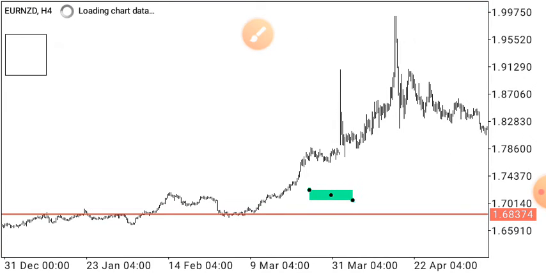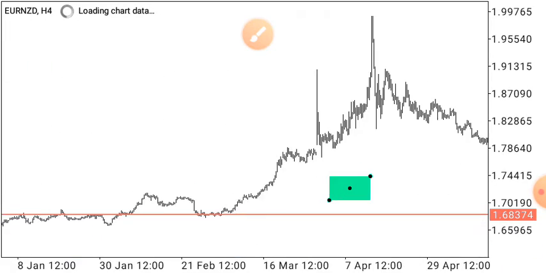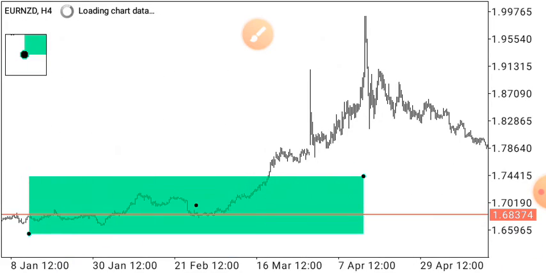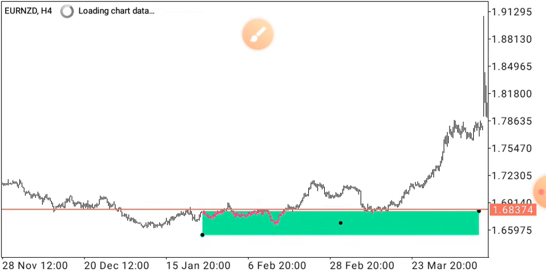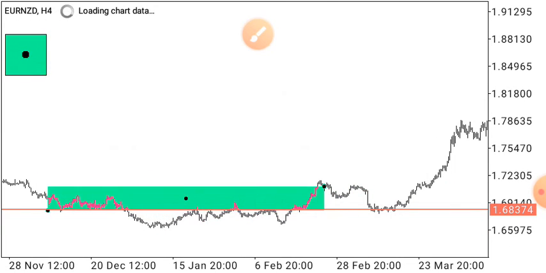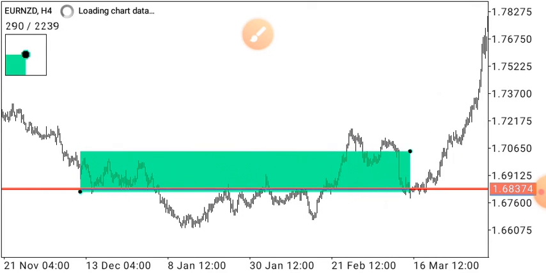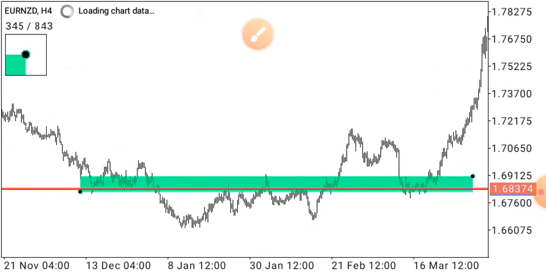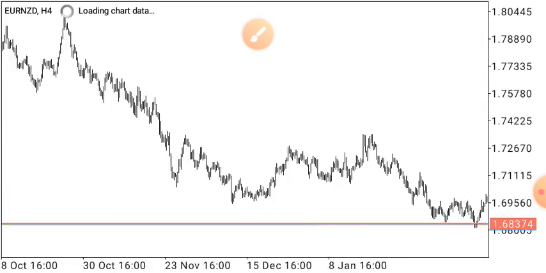We want to be precise. We want to be better than everyone else. We want to do this stuff like a pro, right? So we won't call our resistances exact numbers. We want to call them zones, right?